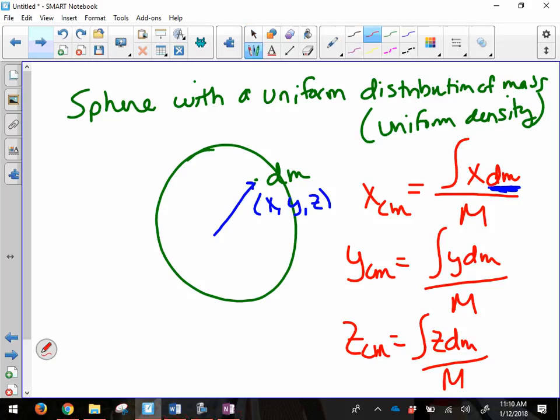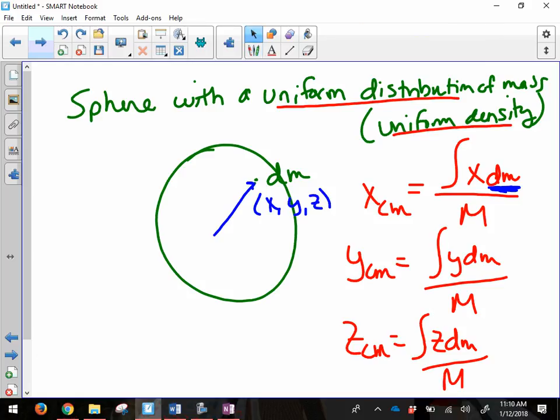Okay, so it's not a straightforward thing to integrate over, but we can use the fact that this is a uniform distribution and has a uniform density to change these equations a little bit. Remember also when we were doing integrals, if something was a constant, I could move it out of the integral. Like if it was a 2 or a half, I could bring it out before I evaluated it. But is x going to be a constant?